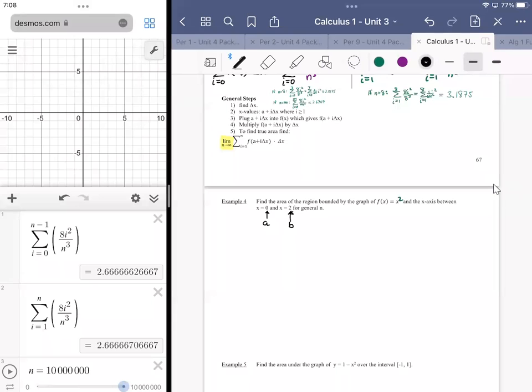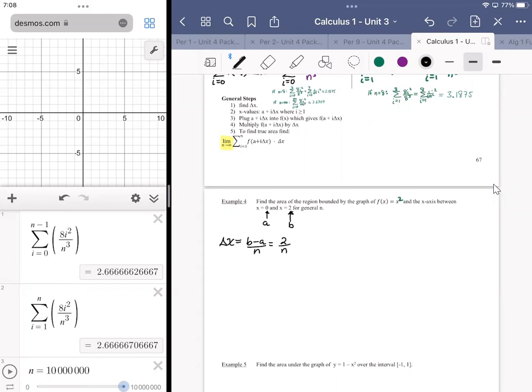Closed interval from A to B. What we're going to do is figure out delta x. Delta x is b minus a divided by n, which is 2 over n, in this case. All right, so we're just generalizing what we did previously.